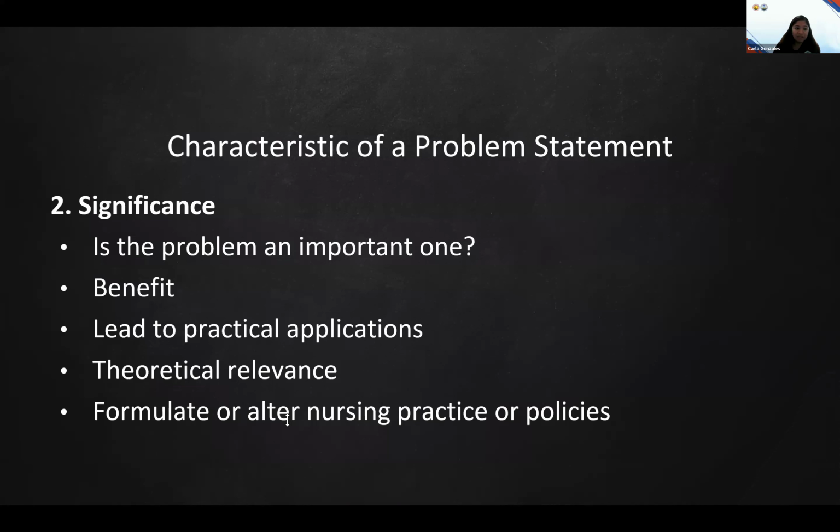Certain groups of clients, students, or healthcare workers would benefit from that. Would it lead to practical applications? It's not enough that we were able to publish a theory. It should be something that we could disseminate, and it should be something that can be used.